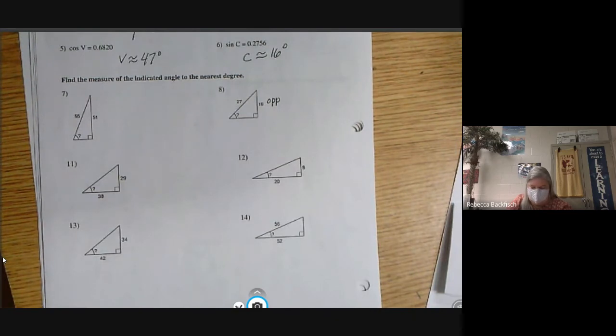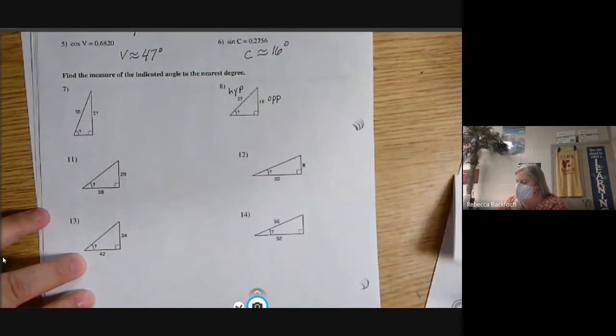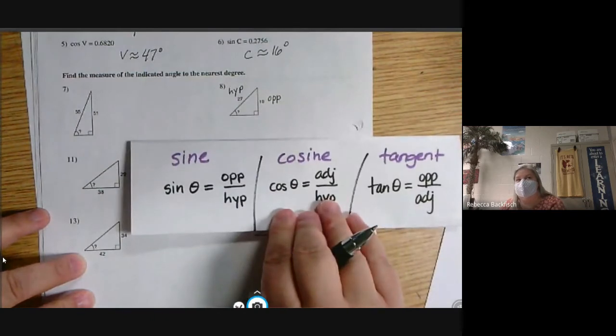All right, how about Hannah Moore? Which side is the 27? You got it. So this one is also going to be sine because opposite and hypotenuse is sine.